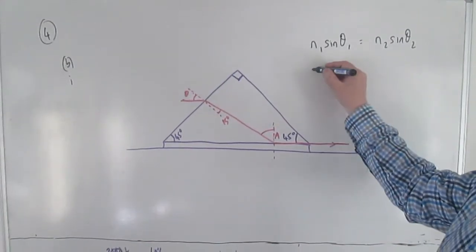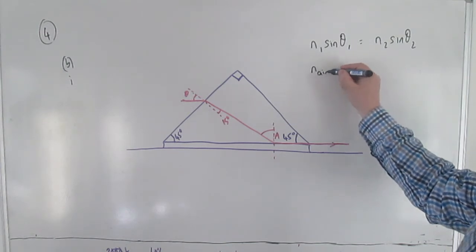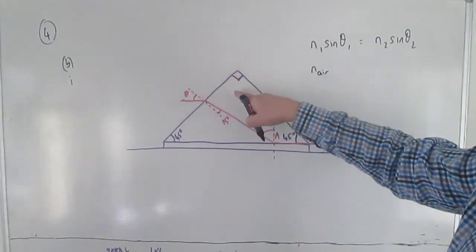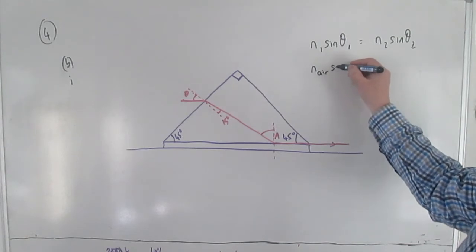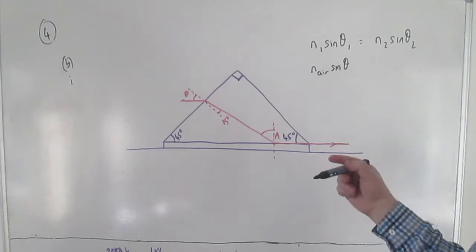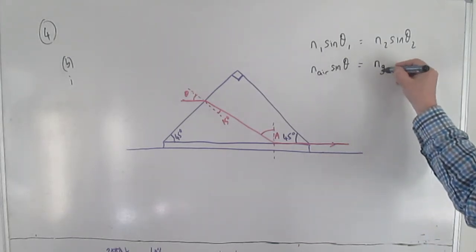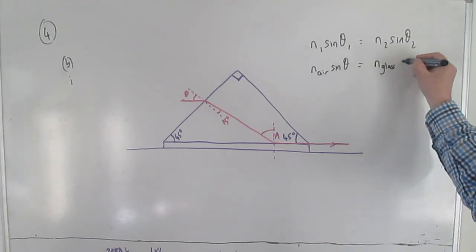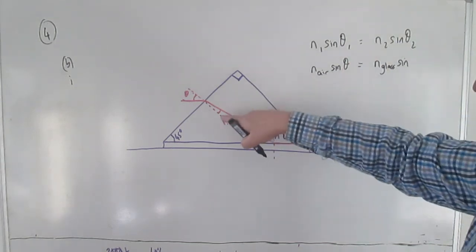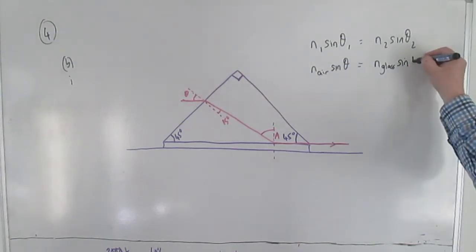So we can rewrite that as n of the air, because that's what's out here, times sine theta, which is the angle of incidence that we want to find, is equal to n in the glass times sine of the angle of refraction, which is 15 degrees.